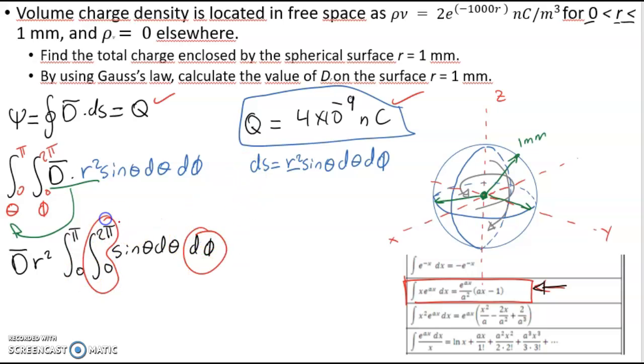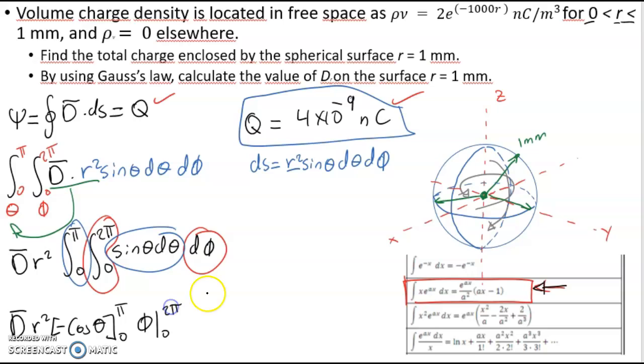If we integrate d phi we get phi evaluated from 0 to 2 pi. If we integrate sine of theta d theta from 0 to pi, we get minus cosine of theta evaluated from 0 to pi. All that is to say, we will get D radius squared times minus cosine of theta evaluated from 0 to pi times phi evaluated from 0 to 2 pi.